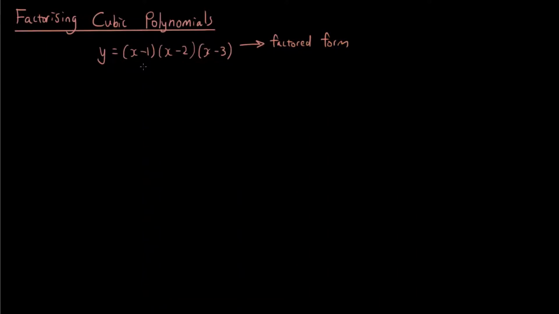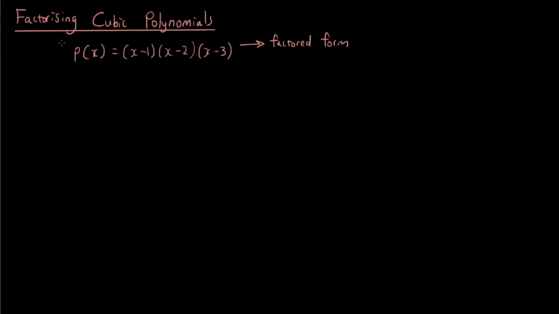And now we're going to turn it into expanded form, but just before expanding it, I just want to change the notation from y to p(x), right? Because this is a polynomial where x is the variable.